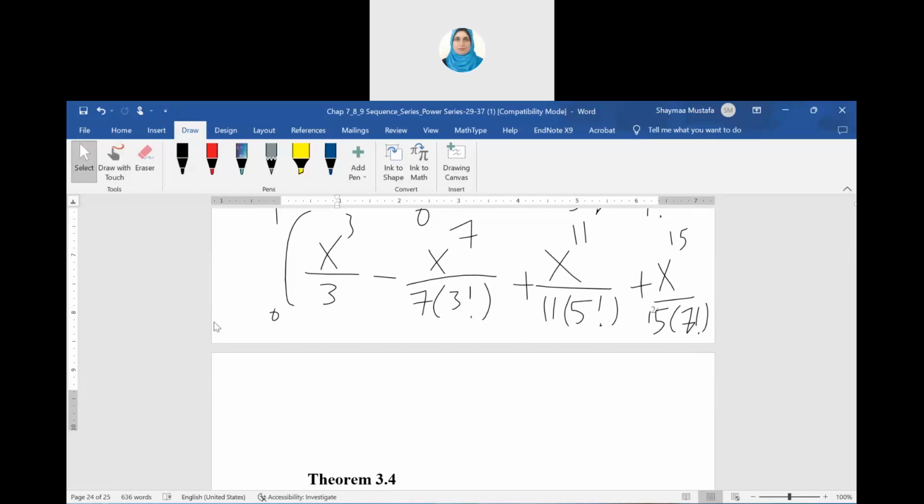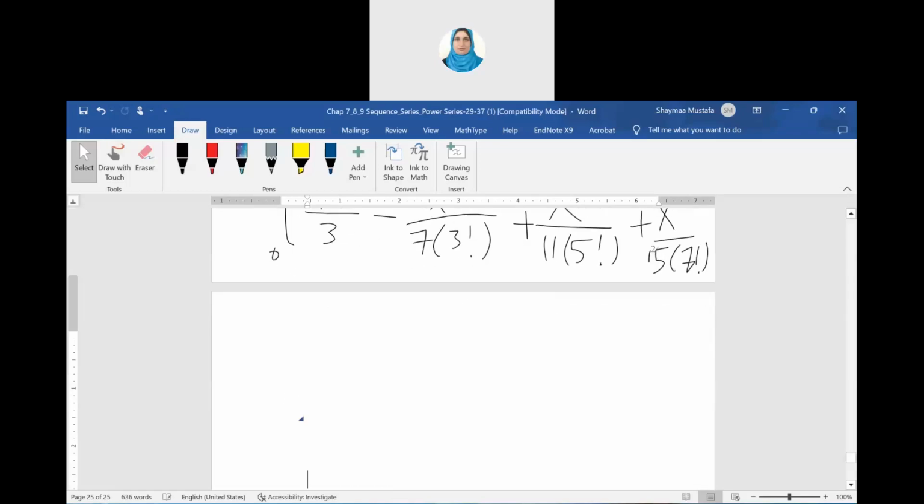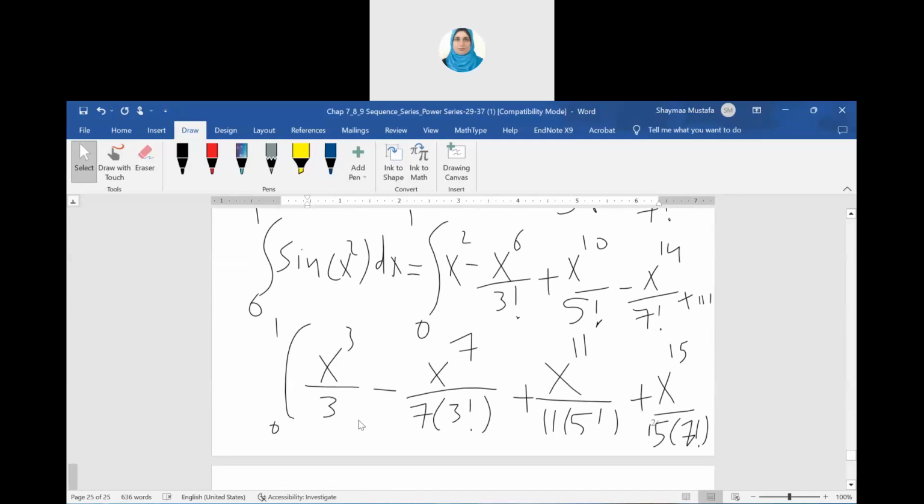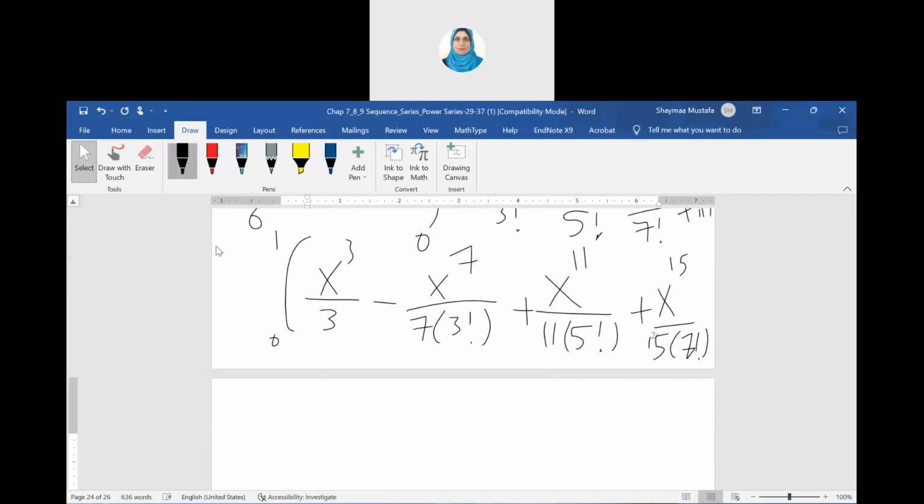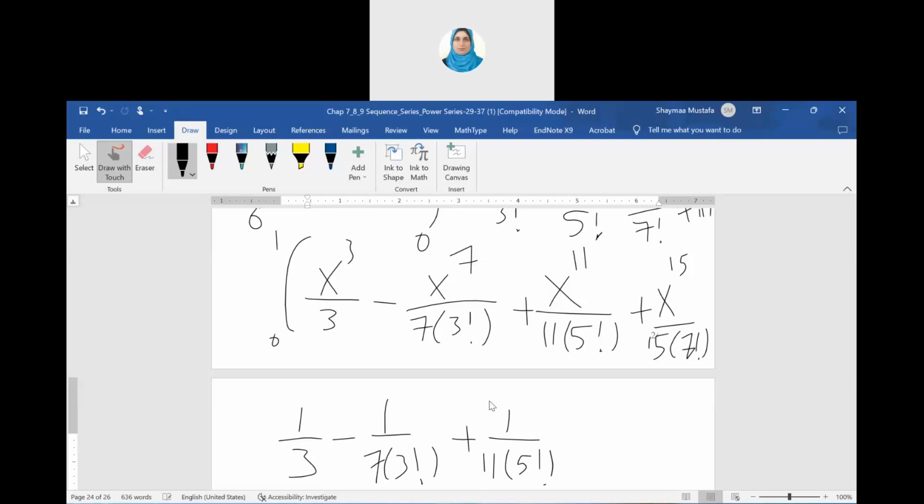So now first I will substitute by 1 to find the integration. So 1 over 3 minus 1 over 7 times 3 factorial plus 1 over 11 times 5 factorial plus 1 over 15 times 7 factorial, and so on.